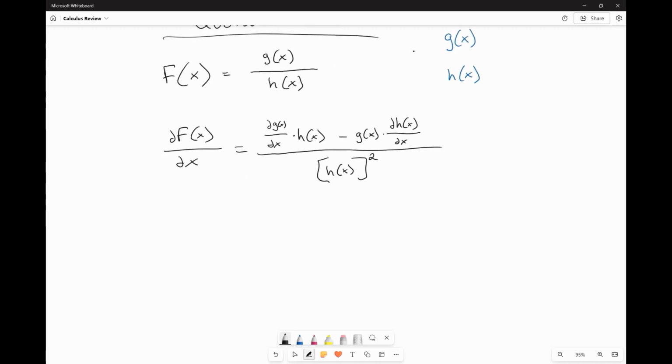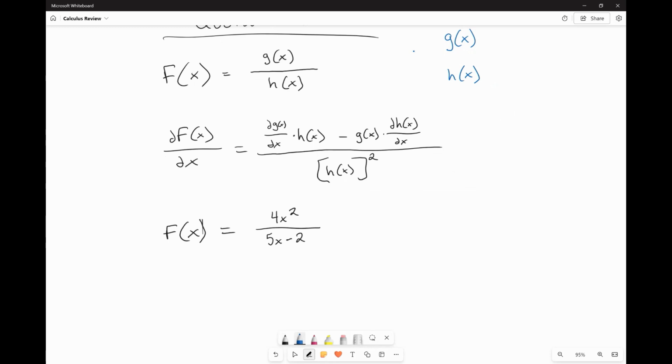All right, so let's do an example. Let's say we have f of x here, and here's f of x. Let's say we have 4x squared divided by 5x minus 2. Let's say that is our function. You'll notice here, we can just label this, right?